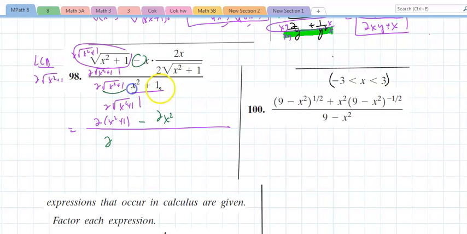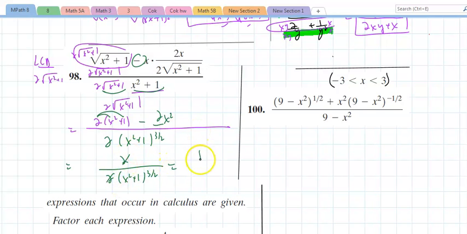If you take this to the 1/2 times itself, that is x squared plus 1 to the 3/2. And that's 2x squared minus 2x squared, they cancel out, plus 2 over twice x squared plus 1 to the 3/2, and those cancel out, and you're left with 1 over x squared plus 1 to the 3/2. So these are a must.